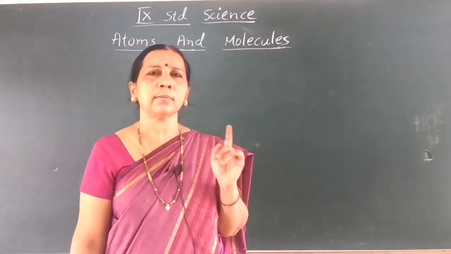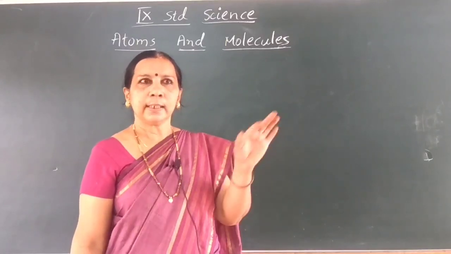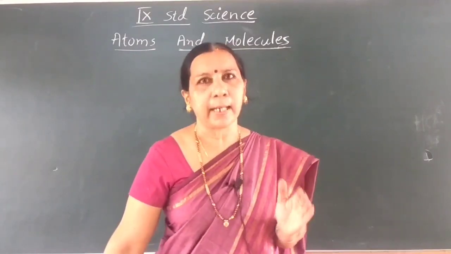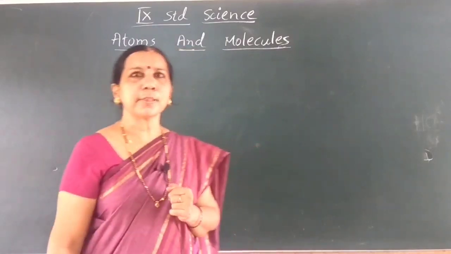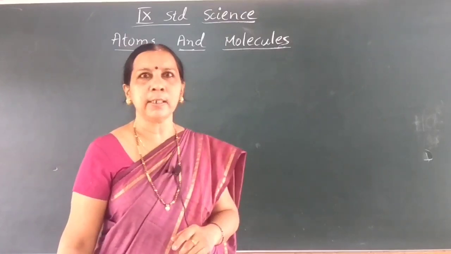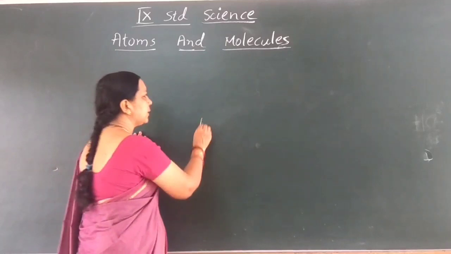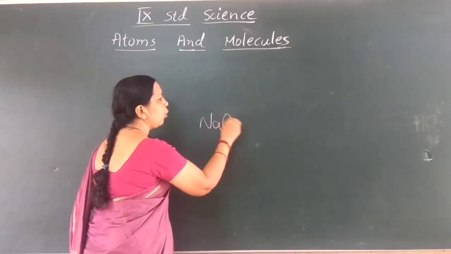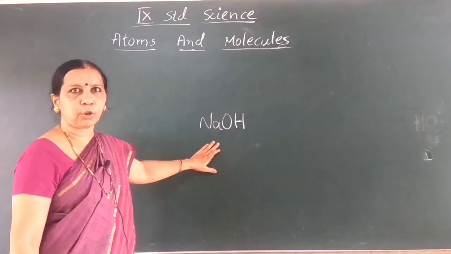Suppose the compound consists of polyatomic ions, this ion must be written in a bracket before writing the number to indicate the ratio. Suppose the number of polyatomic ions is only 1, then the bracket is not needed. One example is NaOH. It is the chemical formula of sodium hydroxide.